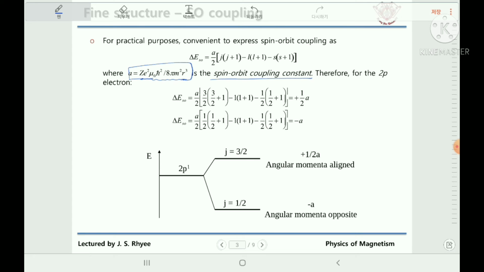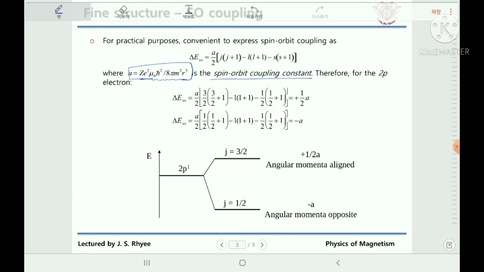In heavy elements like lead or bismuth, the nucleus and the ionic size are very large. It means that R is high, but compared with the increase of R, the Z number is more dominant, and a high Z number means a high spin-orbit coupling constant.